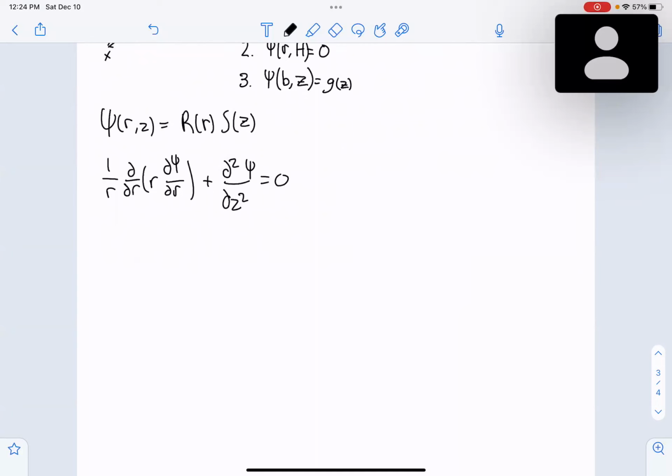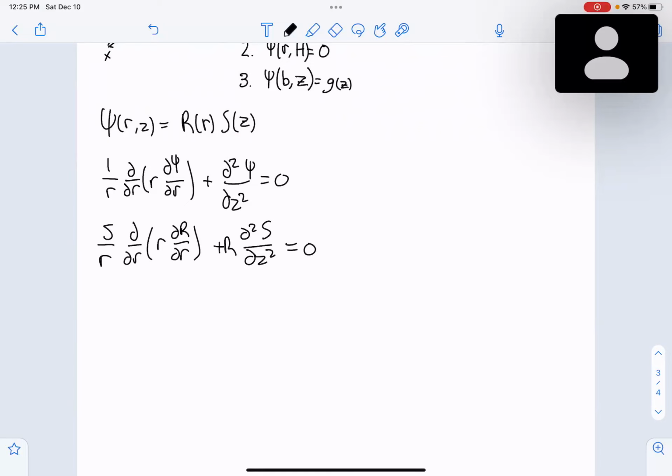But anyway, we're going to plug our separated variables into the equation. We get simply enough S over r, d over dr, of r, dR over dr, plus R d squared S over dz squared is equal to 0.